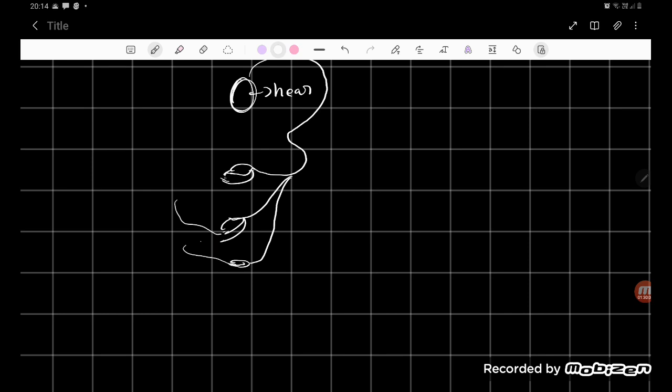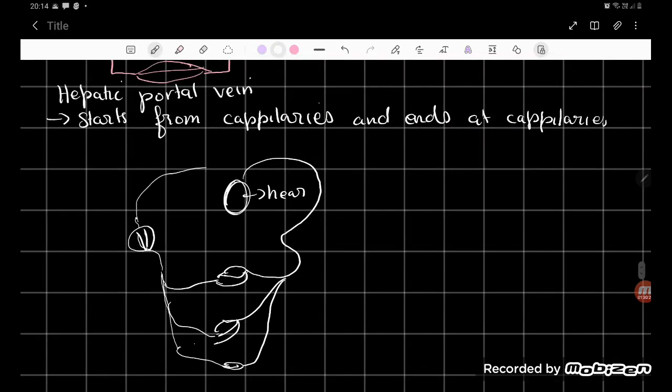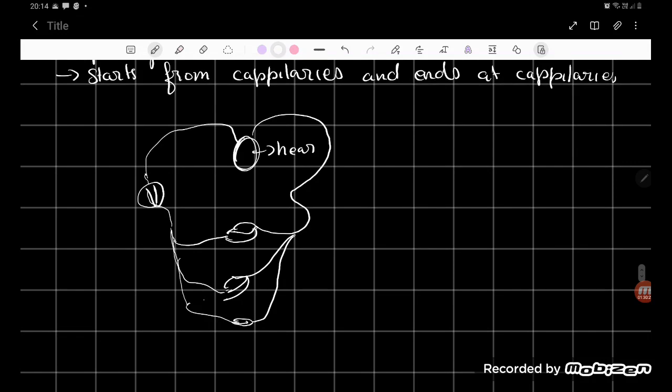All of these join at one place. This place is then carried to the liver. From there onwards, it is then taken to the heart.